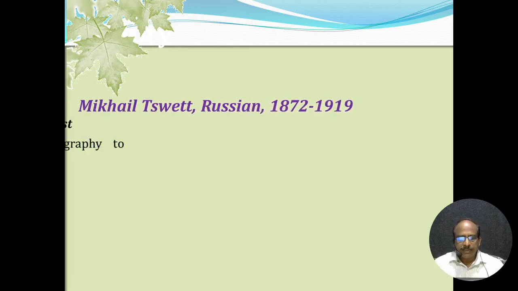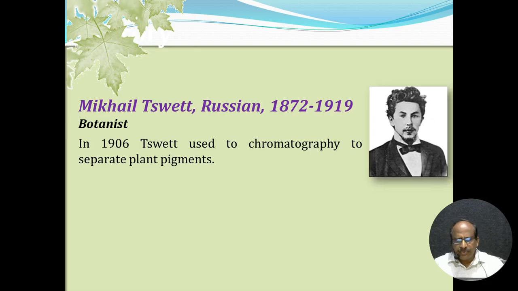Before discussing chromatography, let us see how it was introduced to the world. It was introduced by Michael Svet, a Russian scientist, 1872 to 1919, a botanist, in 1906. Svet used chromatography to separate plant pigments.